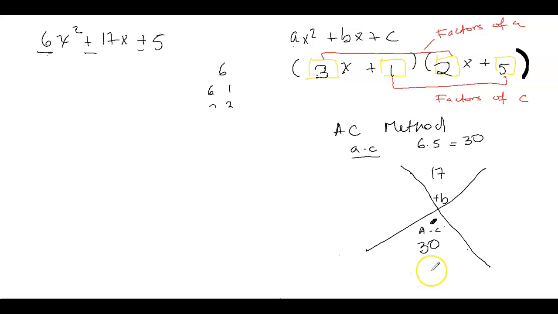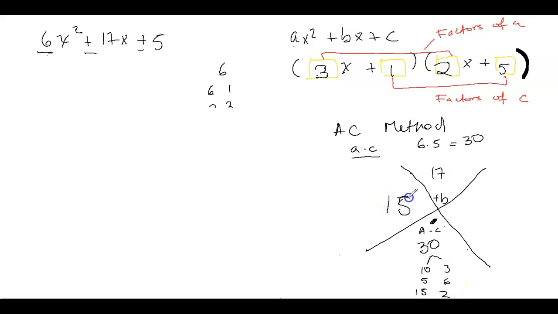Now, what are factors of 30 that add up to 17? Factors of 30: 10 and 3 don't add up to 17, so that doesn't work. 5 and 6 add up to 11, that doesn't work. 15 and 2 add up to 17, so they work.